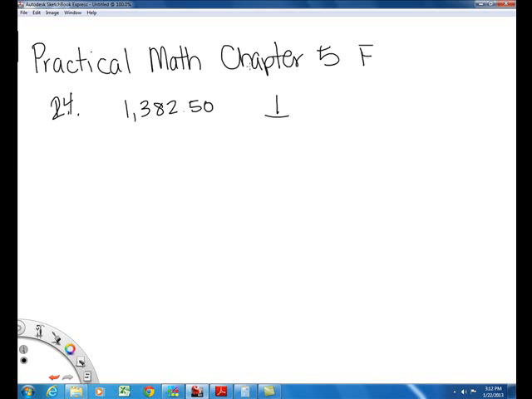Because this is a weekly payroll, it says for each allowance, we'll subtract $70.19. So with one allowance, we're going to be subtracting $70.19. That gets me to my taxable income.